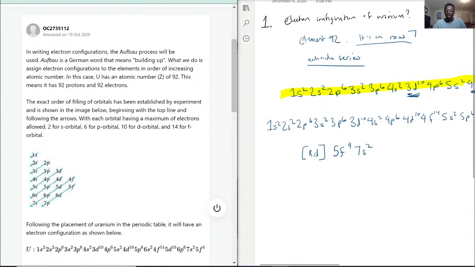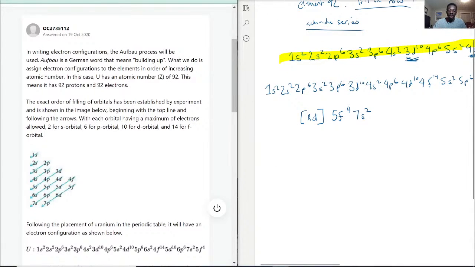So this process right here, where we have 1s, 2s, 3s, 4s, 5s, 6s, 7s, and then we have 2p, 3p, 4p, 5p, 6p, 7p. Then we have 3d, 4d, 5d, 6d, and then we have 4f, 5f.